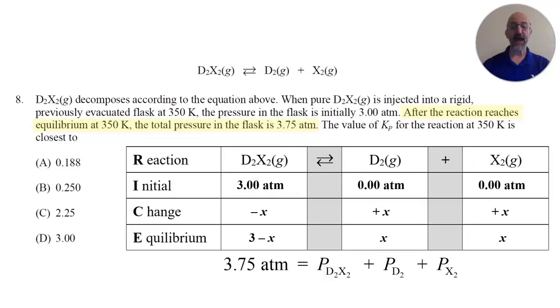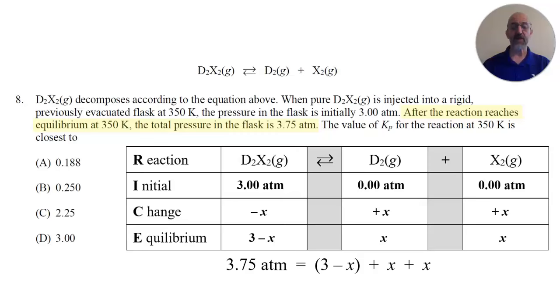All we have to do now in order to solve for the value of x is set up a simple algebraic equation. So 3 minus x plus x plus x represents the sum of the partial pressures, which is equal to 3.75 atmospheres.